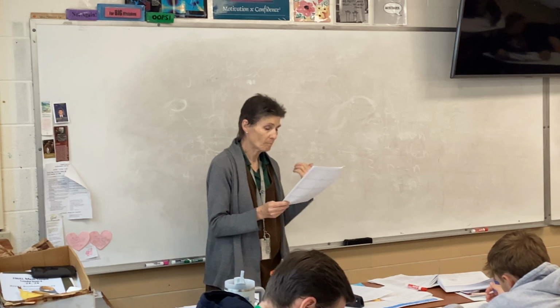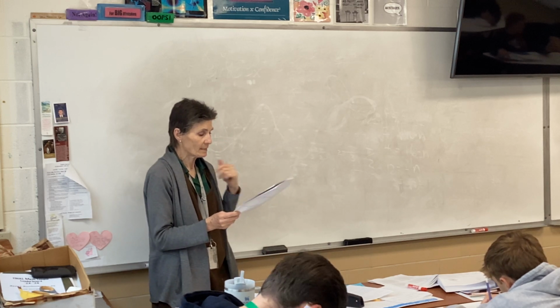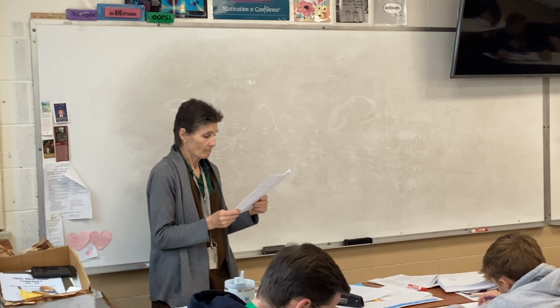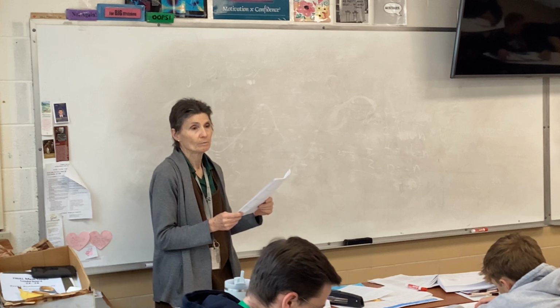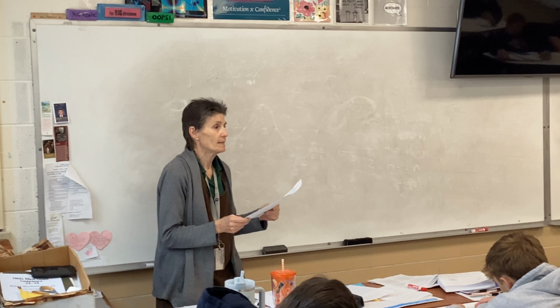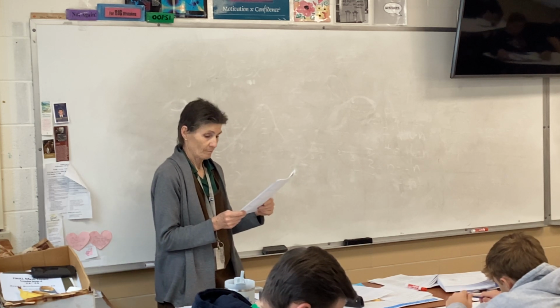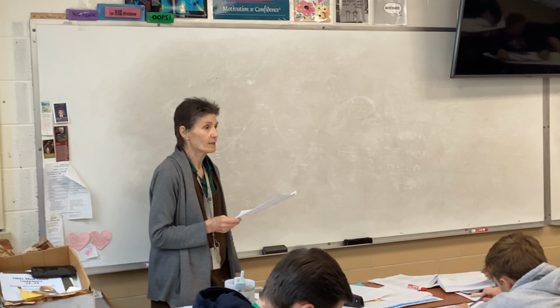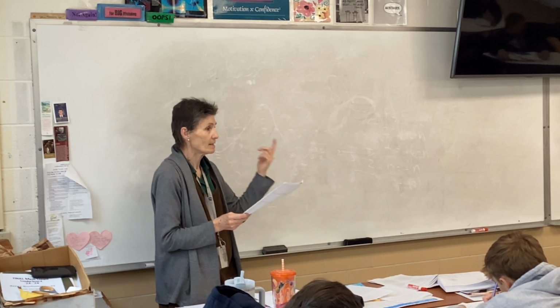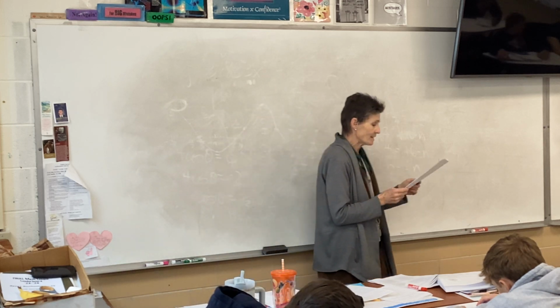Where is the function positive? There's y positive and increasing. 0 to pi over 2. So 0 to pi over 2. Is there any other part of the curve that is positive and increasing? 11 pi over 6 to 2 pi. Perfect. There you go. That's where we are positive and increasing. Okay, where are we positive and decreasing?